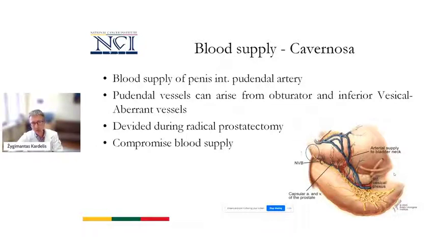Blood supply of the penis comes from the internal pudendal artery, and accessory pudendal vessels can arise from the obturator and inferior vesical aberrant vessels, which are divided during radical prostatectomy.